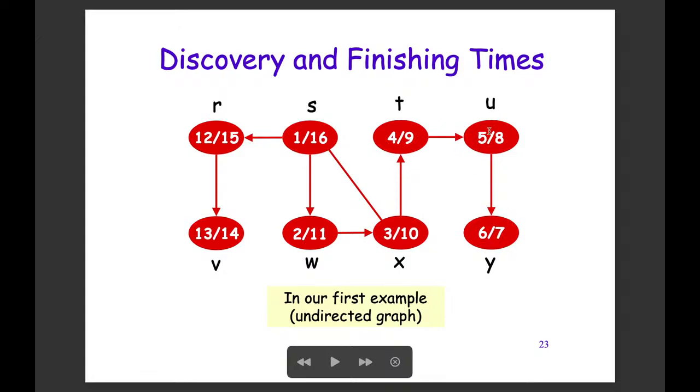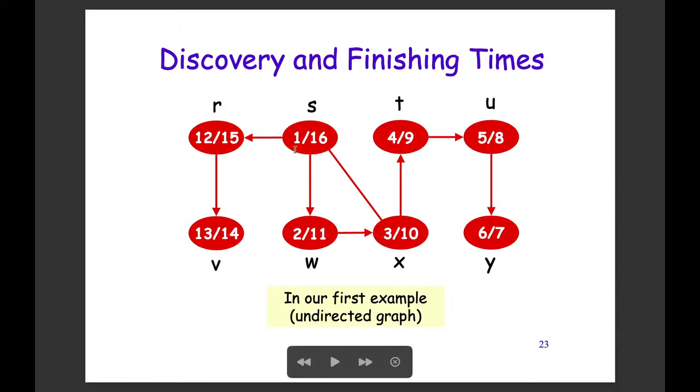Y goes back, U goes back, T goes back, X goes back, W goes back, and then S still has a neighbor. S goes to R, R goes to V, V goes back, R goes back, and finally we find that S is now finishing the process. Is that okay? This is how we did the DFS of the undirected case in our first example.